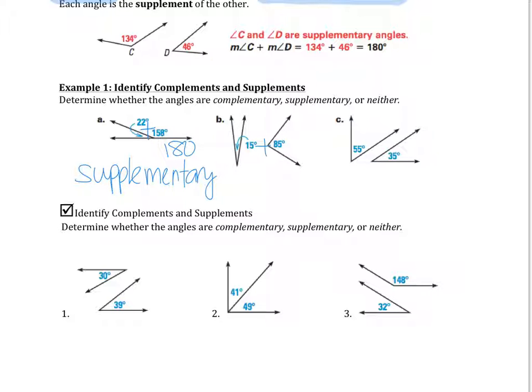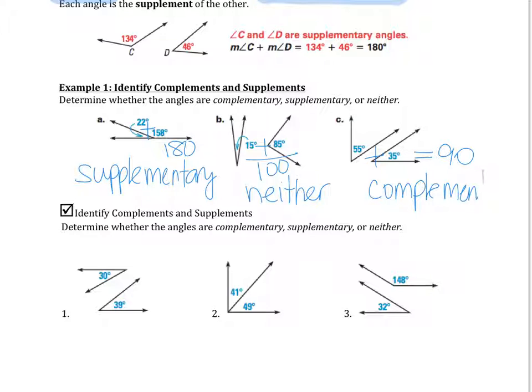I look at the next two, I add them up, and I get 100, so that is neither. The last one, I add those up, and I get 90, so they are complementary.